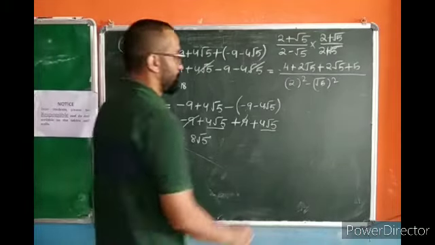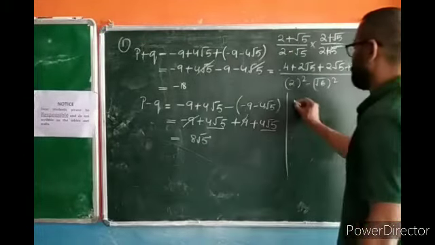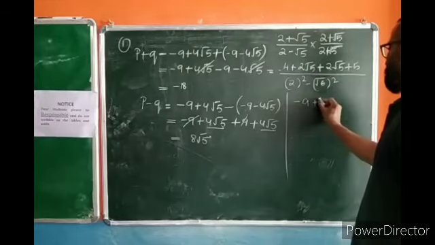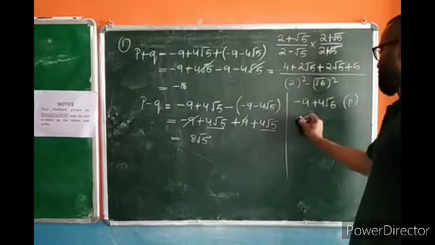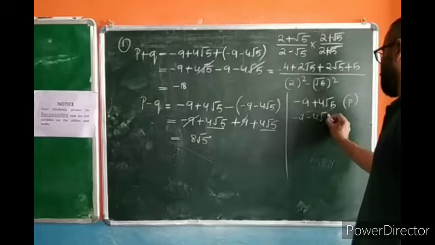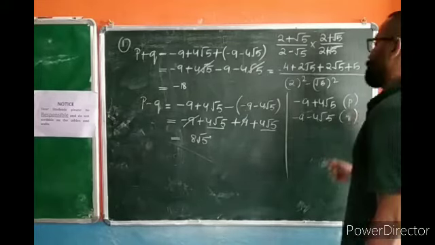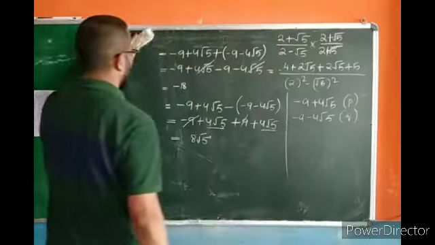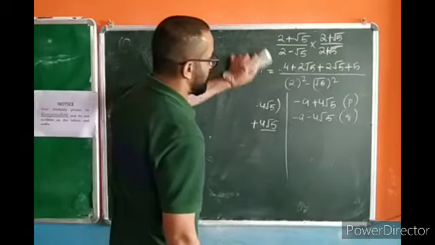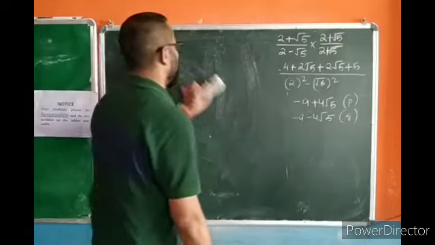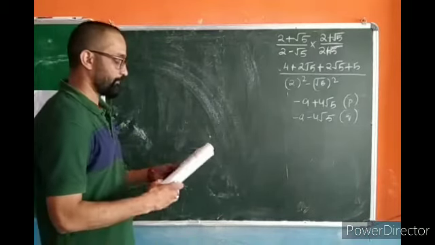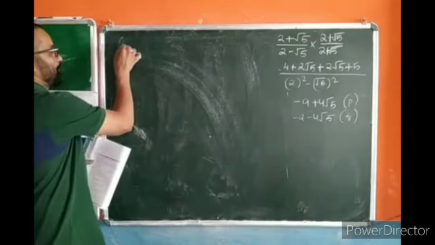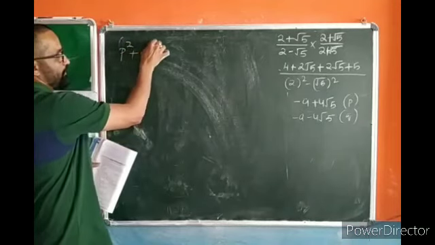Now the third one. Third calculation. Question C is to find P squared plus Q squared.